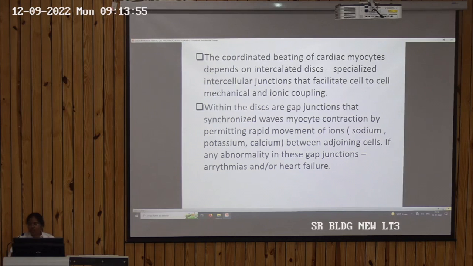In these gaps, they provide a rapid movement of ions, the sodium, potassium and calcium ions, between adjoining cells, so that they all transmit the electrical impulse at the same time and cause them to contract at the same time. If there is any abnormality in these ions, it will result in cardiac arrhythmias and heart failure.